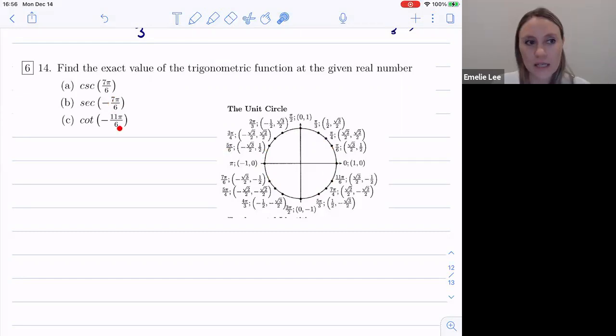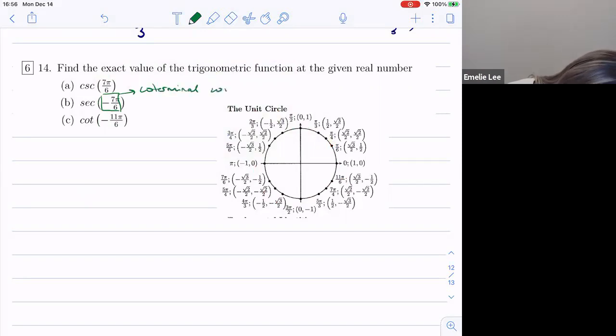Thinking about a negative 11 pi over 6, you do the same thing, right? 11 pi over 6, that's so close. That's just pi over 6 away from a full rotation, right? So here you're going to go to this pi over 6 here. Right. All right, so I'll make a note here that this is coterminal with 5 pi over 6.